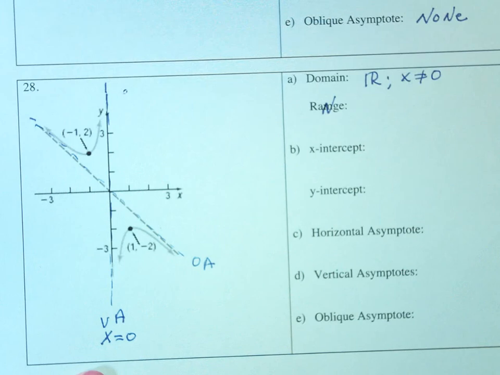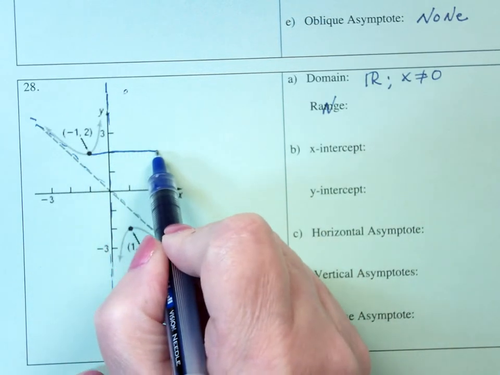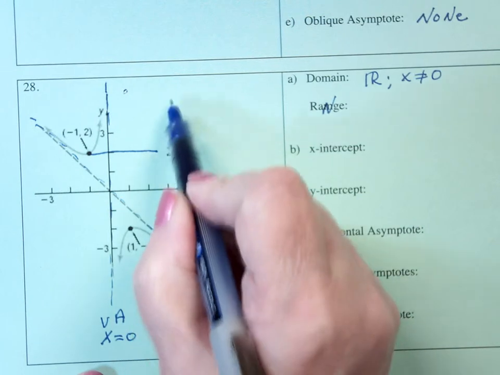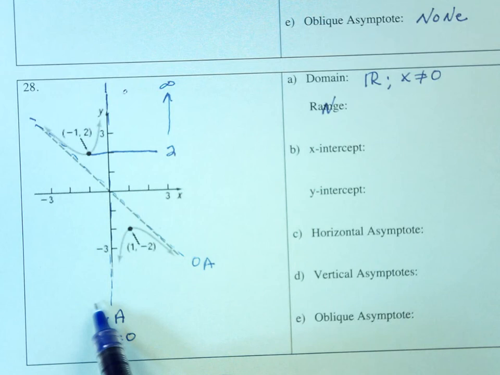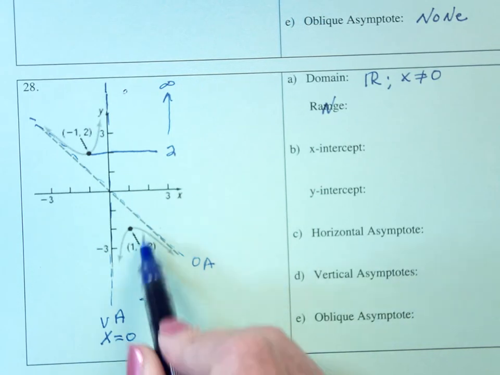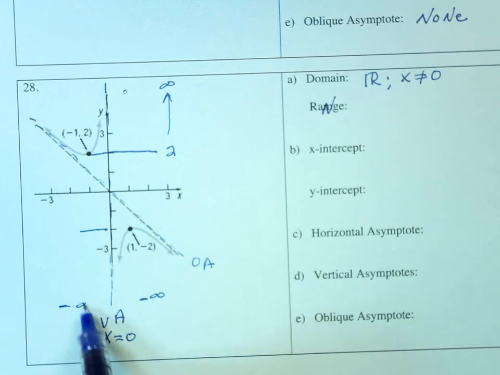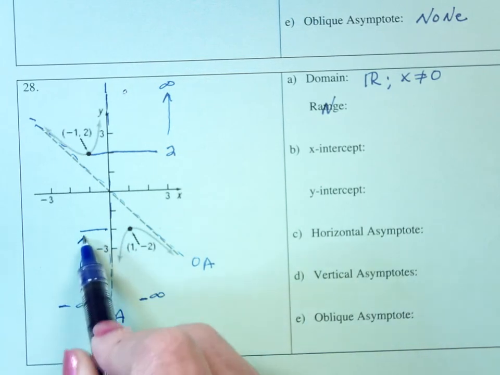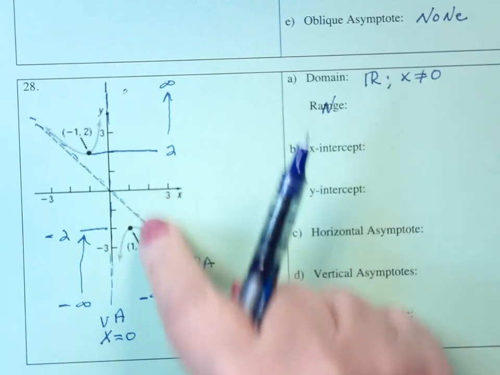The range is a little funky because it starts here at 2 and then goes to infinity. And then on this side it goes from negative infinity and appears to stop at negative 2. And there's nothing in between here.